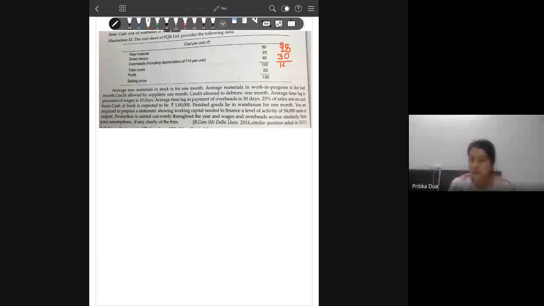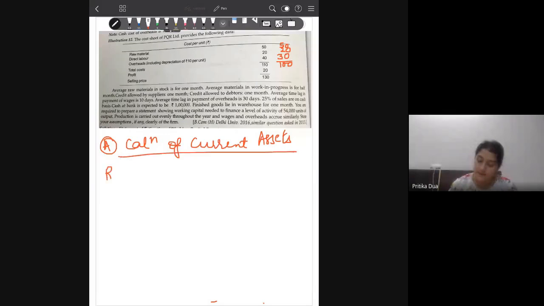Our first step in the question will be to calculate the current assets. We'll take up the additional information one by one. The first current asset will be your raw material.